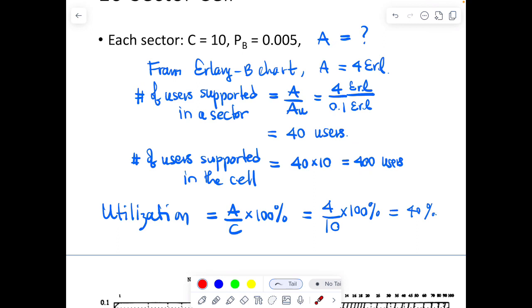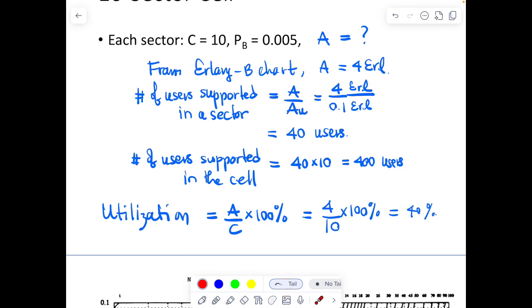So the resource doesn't get used fully, or as much. And the reason is because in the first scenario, there's no sector, right? We don't divide our resources into smaller bins, right? So we use 100 channels all together. That's more efficient.